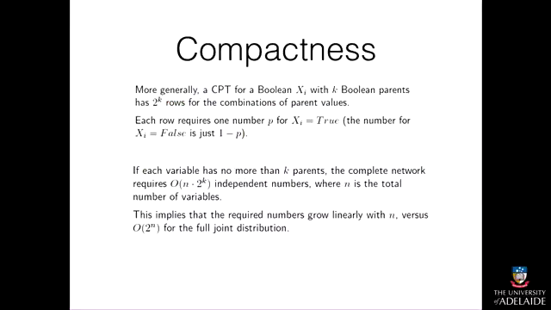And more generally, by using the Bayesian network, we can make the number of entries we need go linearly with the number of nodes. So if we use the full joint probability table, the relationship will be exponential, right?